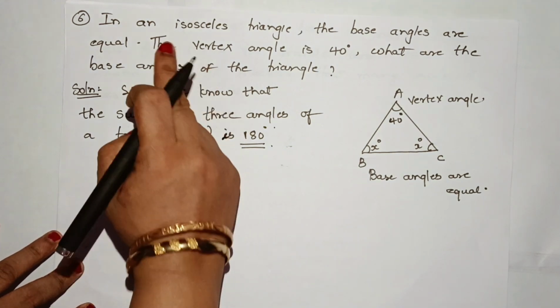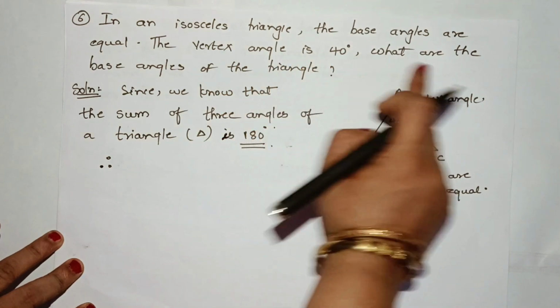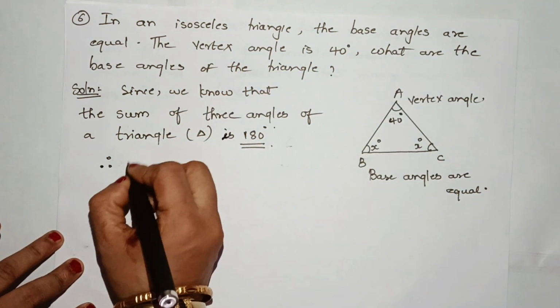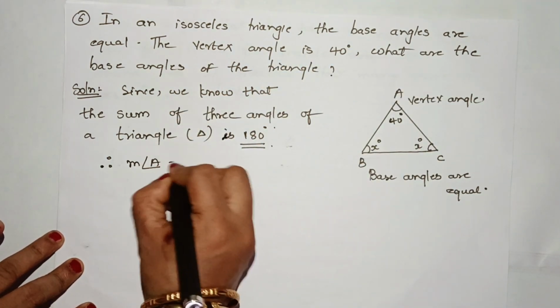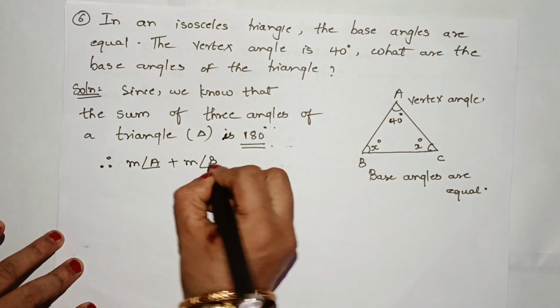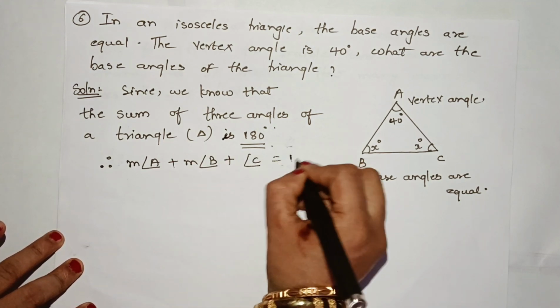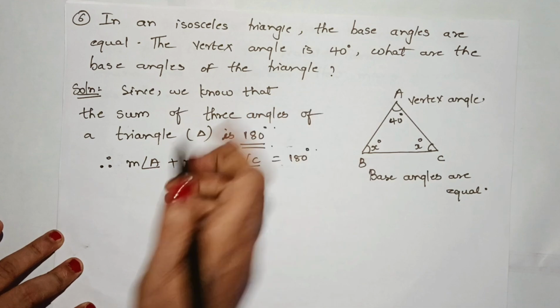The vertex angle is 40 degrees. So here you'll write measure angle A plus measure angle B plus measure angle C equals 180 degrees. The base angles are equal.